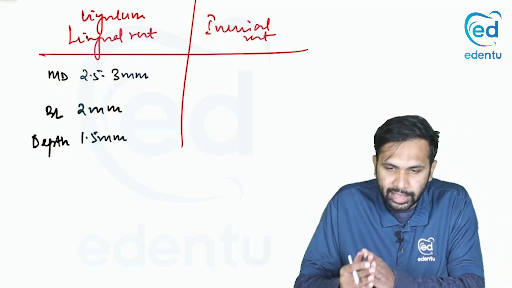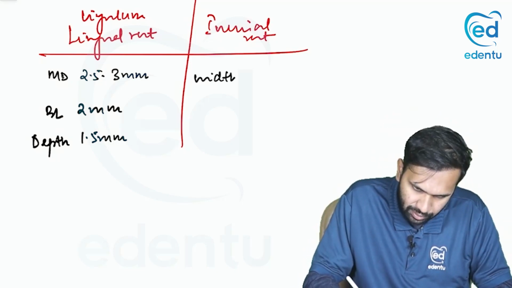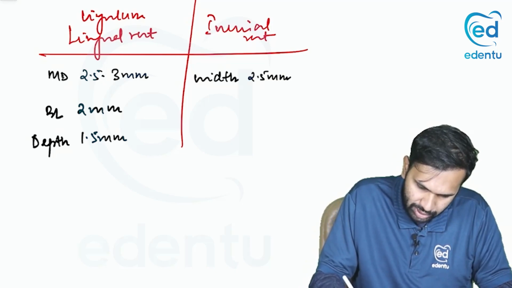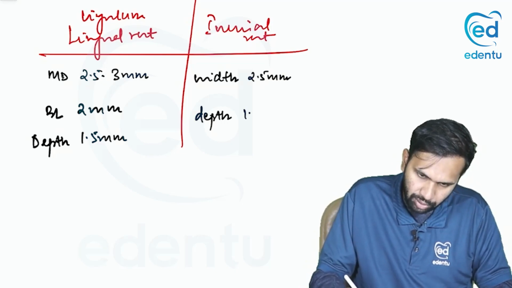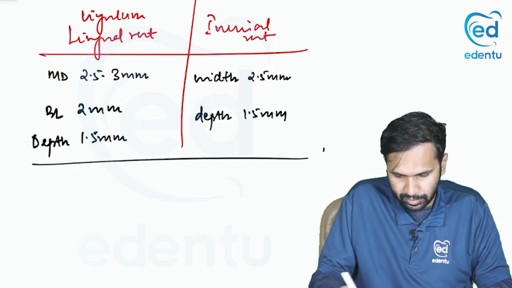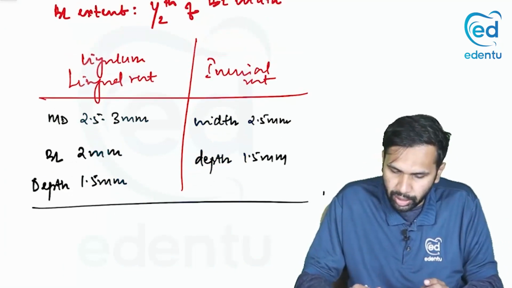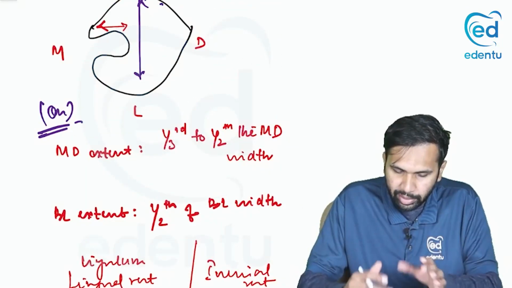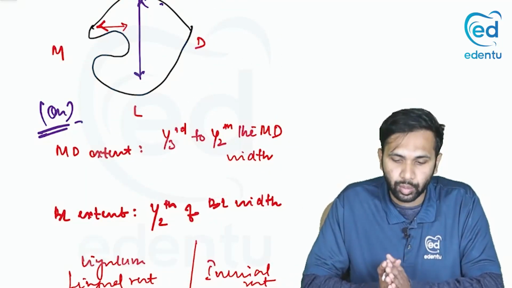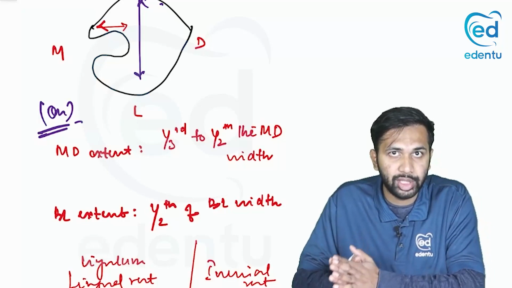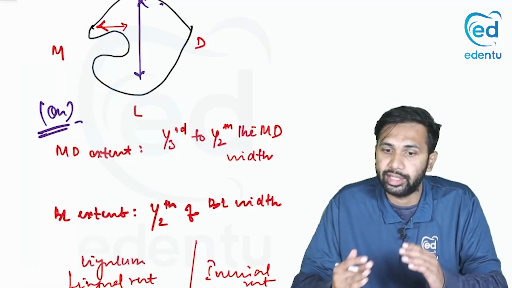Whereas coming to your incisal rest, it should have a width of 2.5 millimeters and a depth of 1.5 millimeters. These are the dimensions of cingulum and incisal rest, but not that important. This dimension should be known to you: 1/3 to half of mesiodistal and half of your buccolingual width.